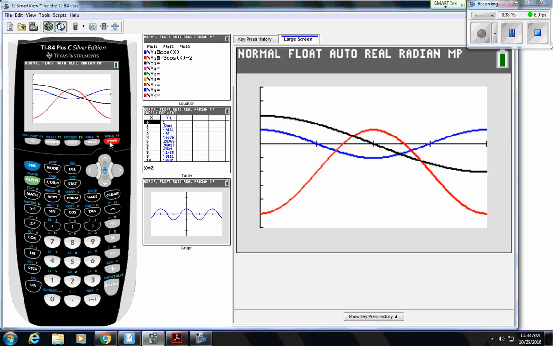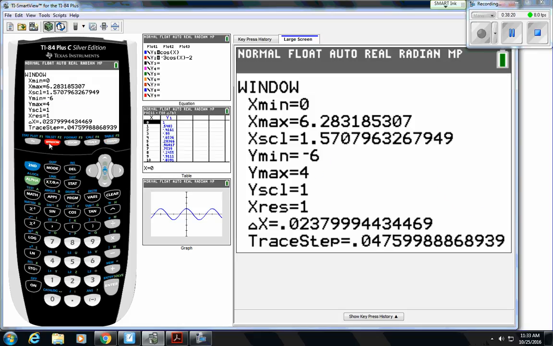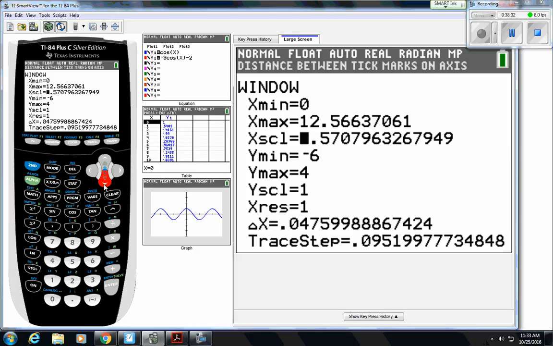I can't see it, so I need to adjust my window. So I go back and I hit the window key. I need to make my x max 4 pi. Do I need to change my scale? Maybe, because the scale we just used wasn't half pi, it was pi. So let's make it look like what we're doing. So that's pi. Anything else I need to change? It's okay if the y's are a little bit off. We can still see what we need to see.